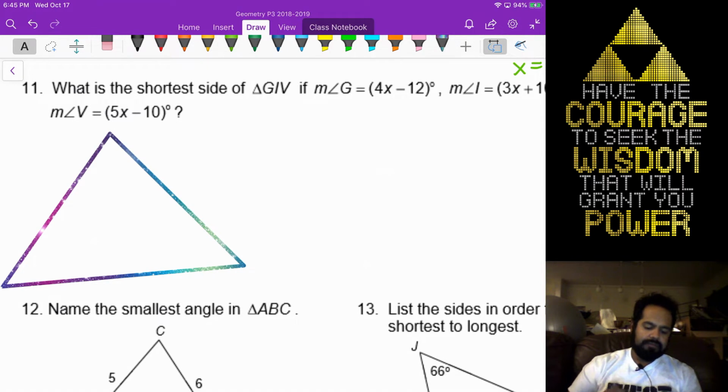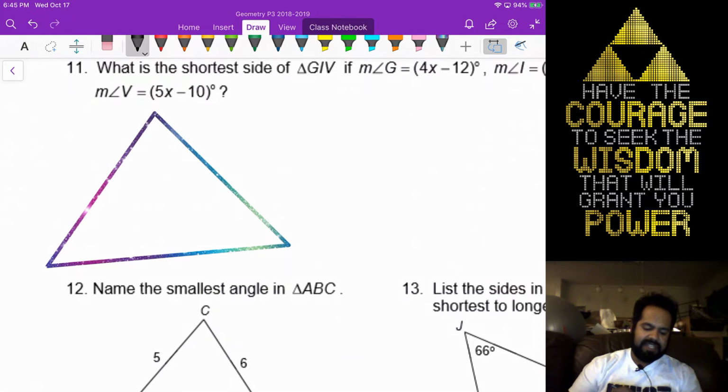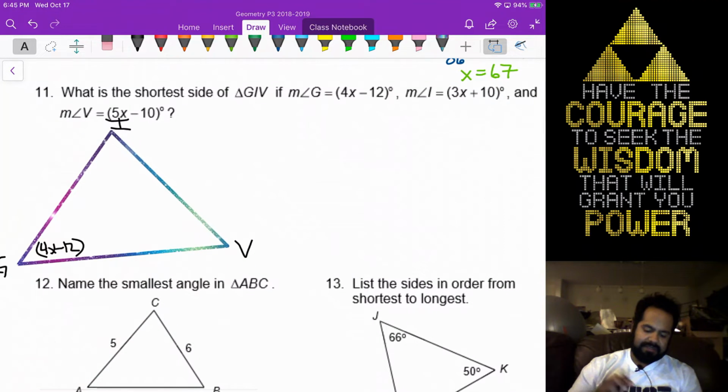Alright, so I'm going to label this left side G, this I, and B. Label what you know. 4x minus 12, 3x plus 10, and then lastly we've got 5x minus 10.